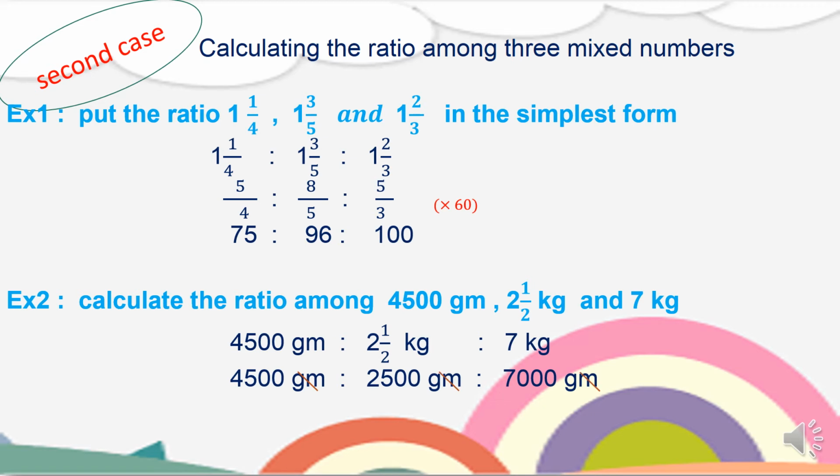And I will have three numbers. Each number has two zeros, so I cancel the two zeros from each. I will have 45 to 25 to 70. So dividing by 5, I will get 9 to 5 to 14, and it's in simplest form.